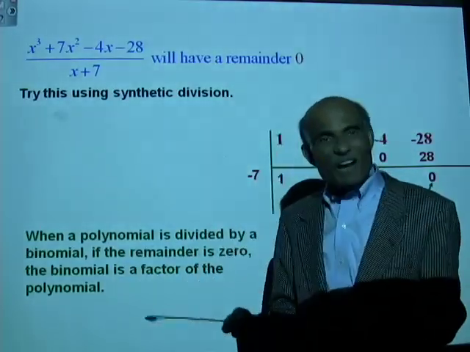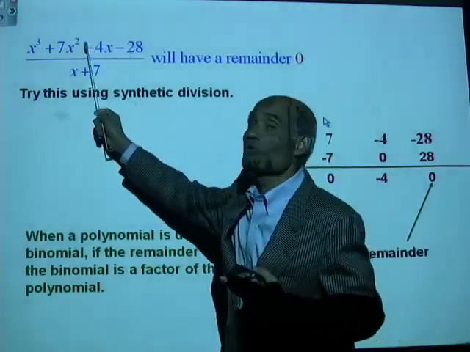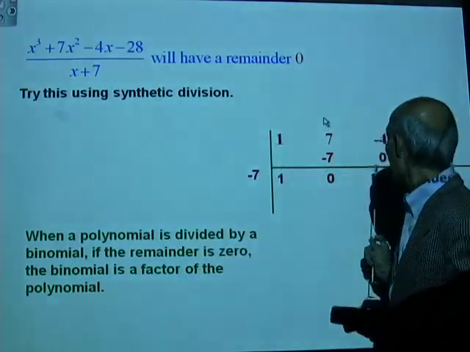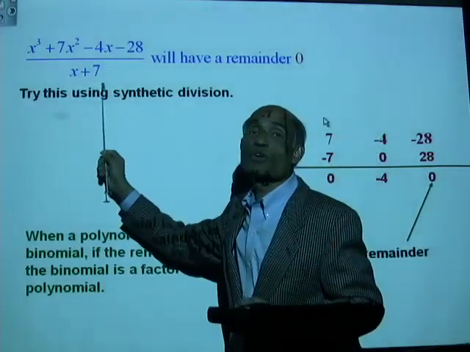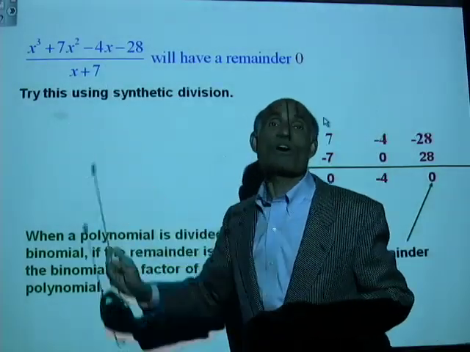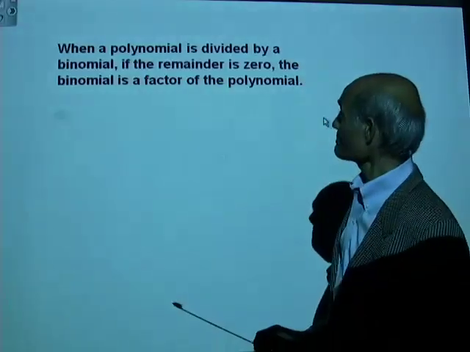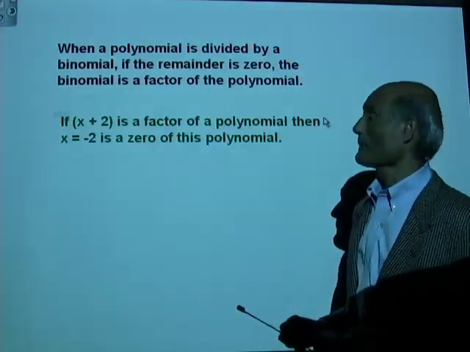This is called the factor theorem, a very simple statement. When a polynomial is divided by a binomial, if the remainder is 0, then that binomial is a factor of the polynomial. Okay, I have repeated that over here again.